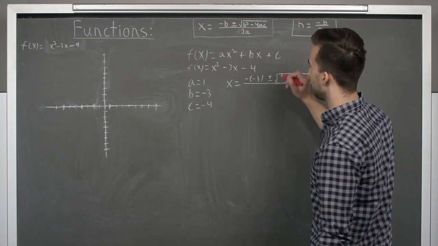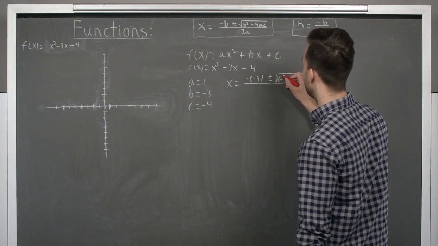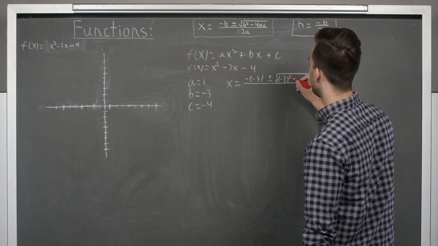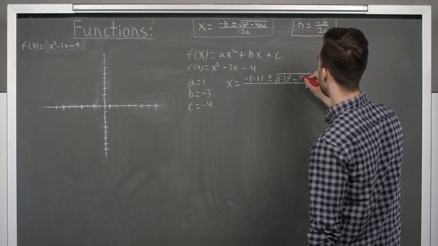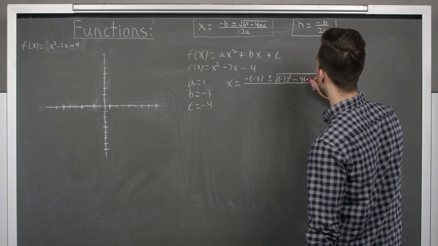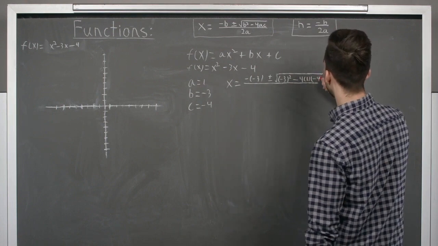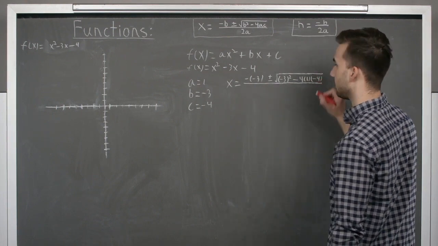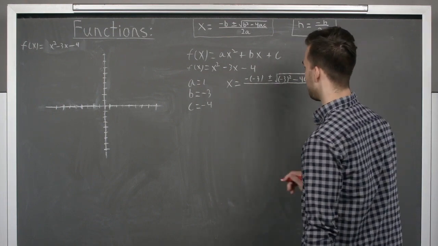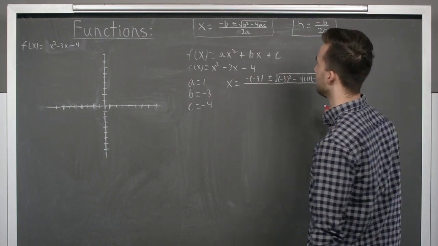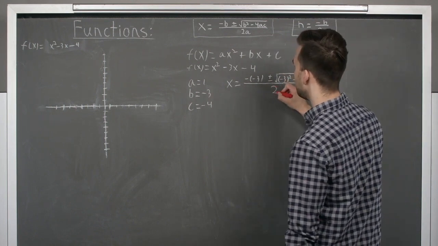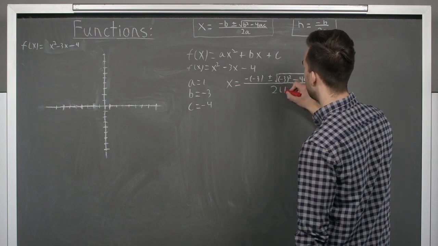The square root of b squared, so negative 3 squared, minus 4 times our a value times our c value. You see how I'm just substituting in the values we got, all over 2 times a, so 2 times 1.